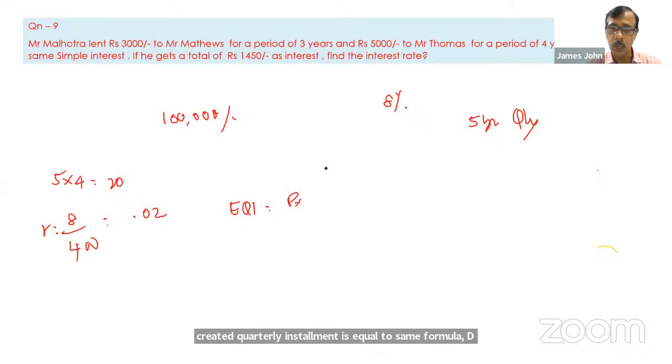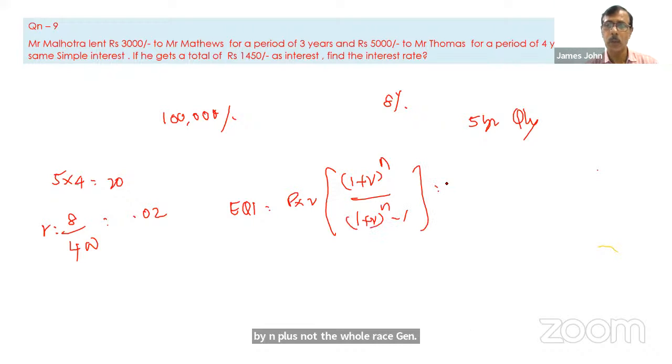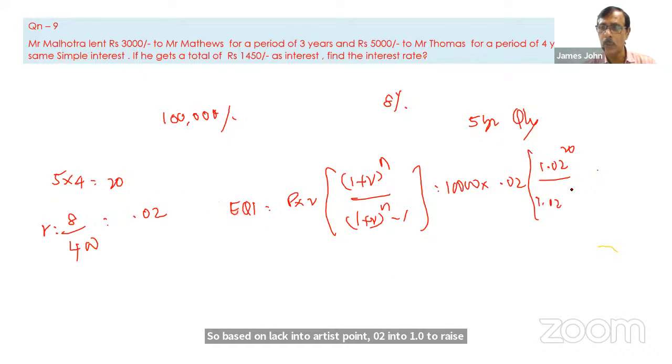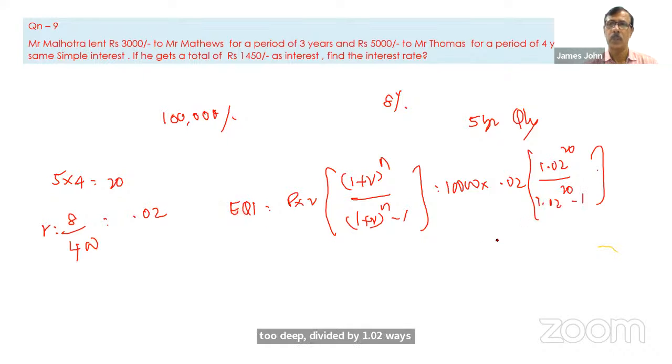P into R into (1 plus R) the whole raised to n divided by (1 plus R) the whole raised to n minus 1. So P is 1 lakh into R is 0.02 into 1.02 raised to 20 divided by 1.02 raised to 20 minus 1.